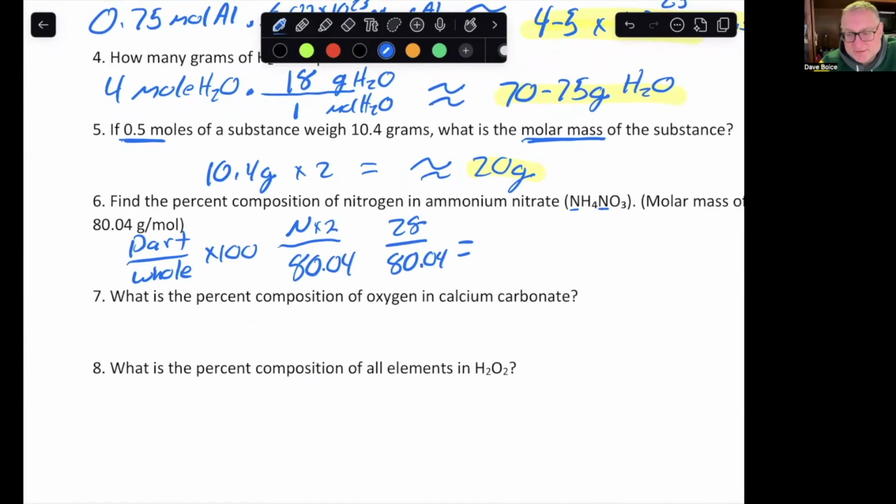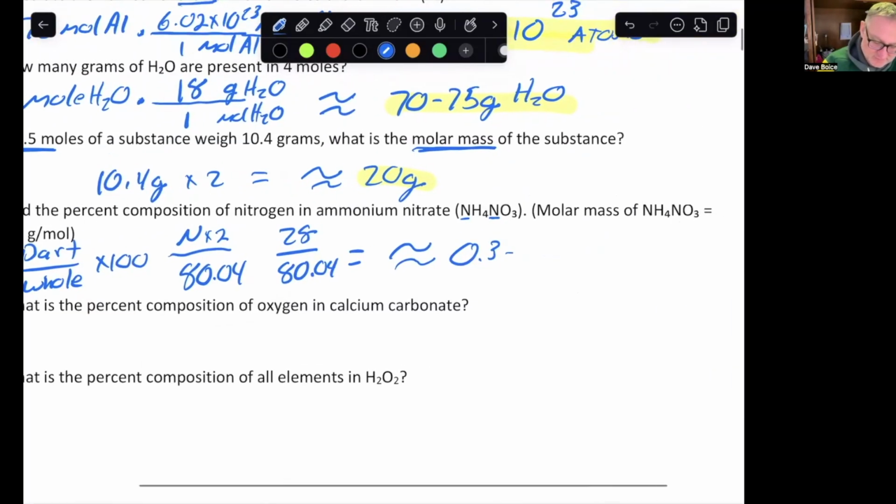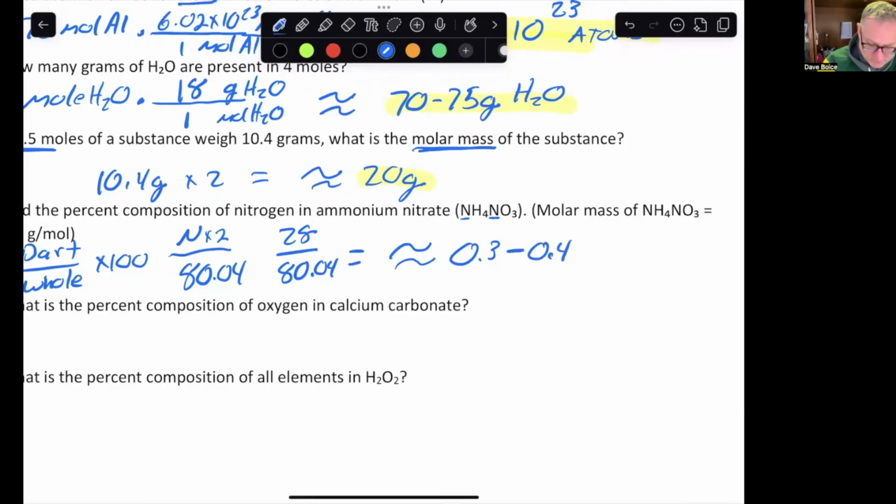And when you put that in your calculator, that should be somewhere around 0.320 to 0.4, or about 30 to 40%.